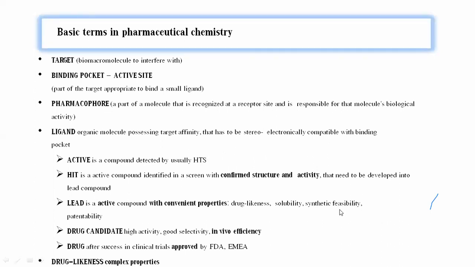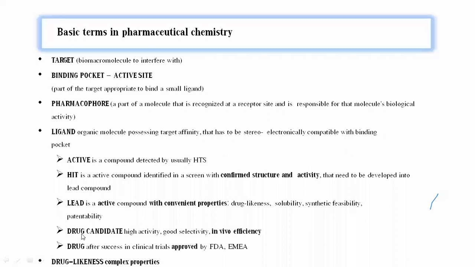Easily we can synthesize it in the lab. And patentability: no one has discovered this earlier.